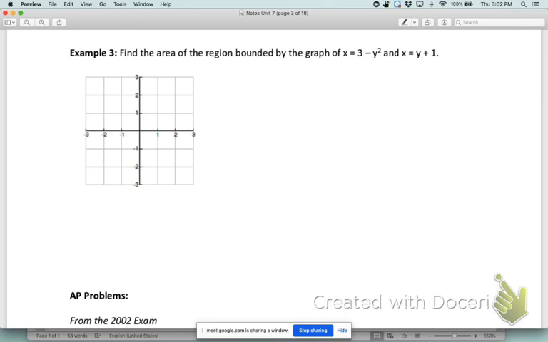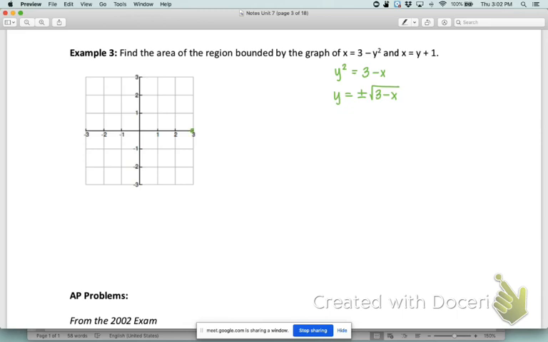Now, if you do that, that's very easy. I could add y squared and subtract x, so I get y squared equals 3 minus x. Then when I take the square root, don't forget that we get plus or minus the square root of 3 minus x.